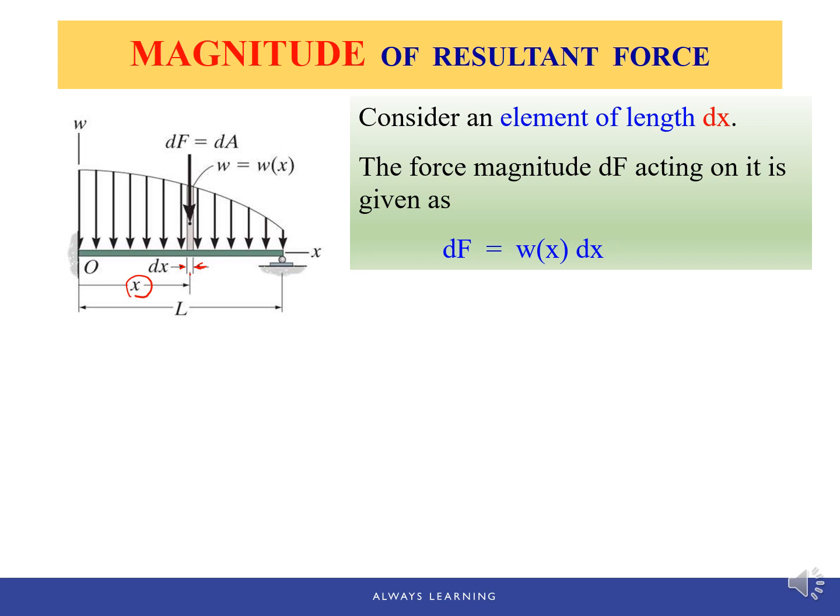Since Wx, the loading intensity, is defined as dF over dx, force over length, then the total force over this length dx, which is dF, we just rewrite that equation, should be equal to the loading intensity times the length dx.